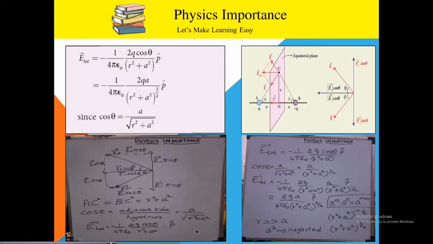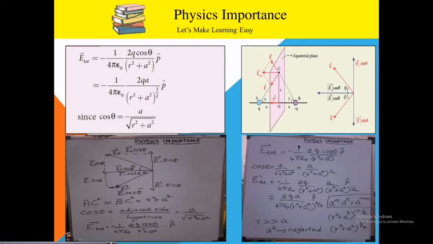Now we have to substitute this cos theta value in this particular equation. Have you understood? So cos theta is equal to A by root of R square plus A square. We have to substitute this value in this equation. So see here how to write: minus 1 by 4 pi epsilon naught, 2q cos theta by R square plus A square. This root of R square plus A square can be written as R square plus A square the whole power 1 by 2.